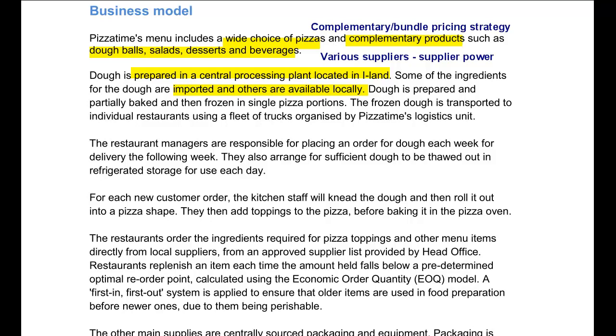And of course that's quite an extreme example, and we wouldn't necessarily expect anything of that magnitude to come up in the exam, but the point is that political differences between nations can affect businesses that operate between those two nations.